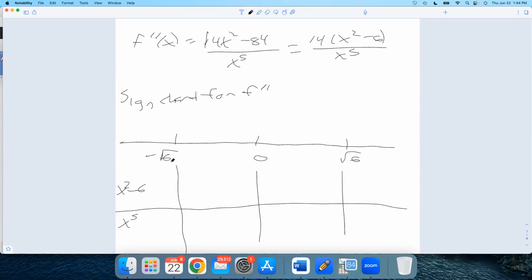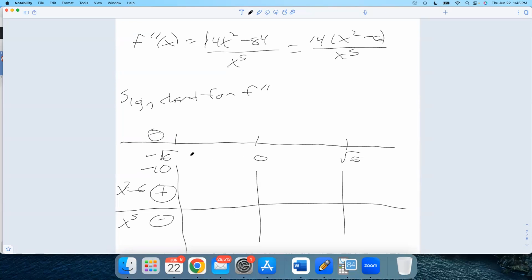Okay, let's plug in any value from back here. So root 6, I don't know, it's less than 10. I'm going to plug in negative 10. That's 100 minus 6, 94. That's a positive. A negative to the 5th power is a negative. A negative times a positive is a negative.